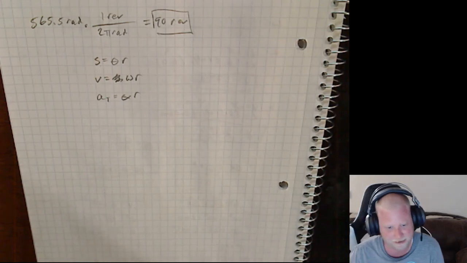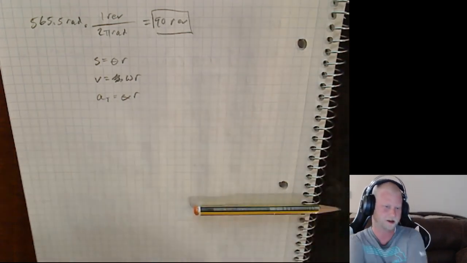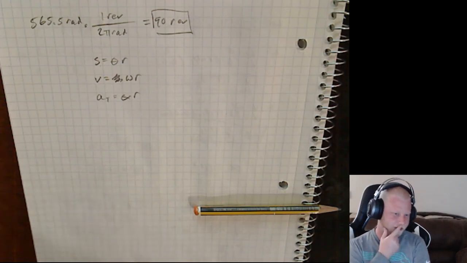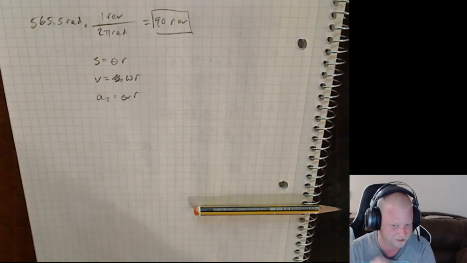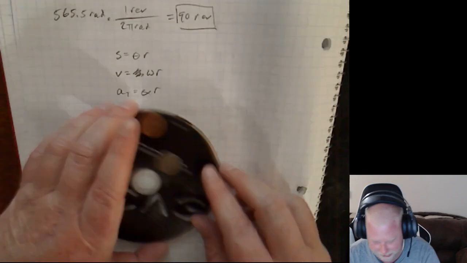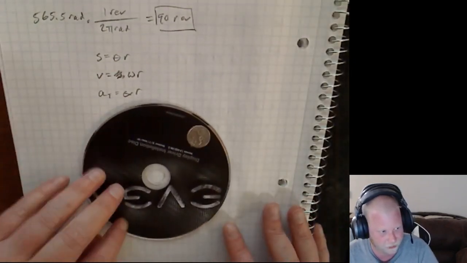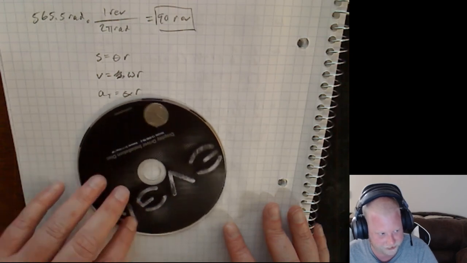Now, keep in mind, when we're dealing with rotational motion, you have the possibility that you have 3 different accelerations running around. If the object is changing direction, say, like a coin on a disc that's just rotating, well, that coin is moving in a circle, right?